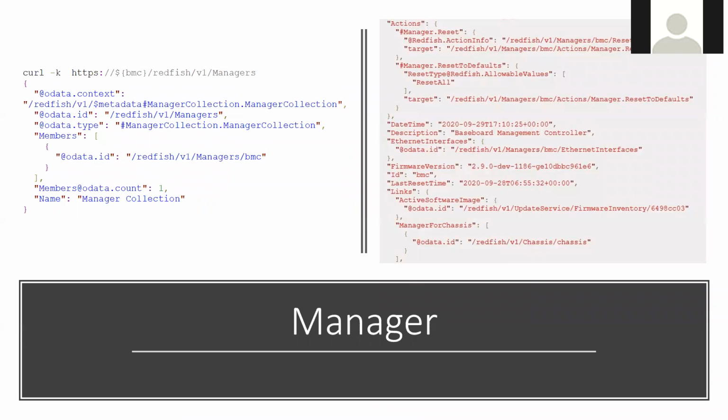Okay, so the third collection, manager. On the left side is the manager collection, of which there's only one member, one manager resource, BMC. And then on the right is that manager resource, /redfish/v1/managers/BMC.